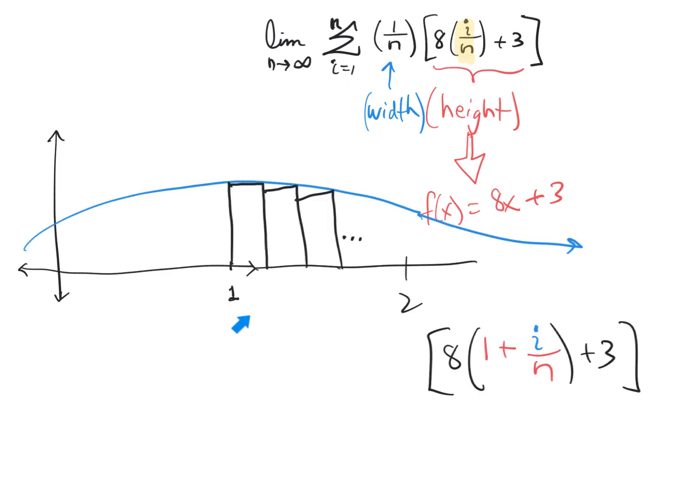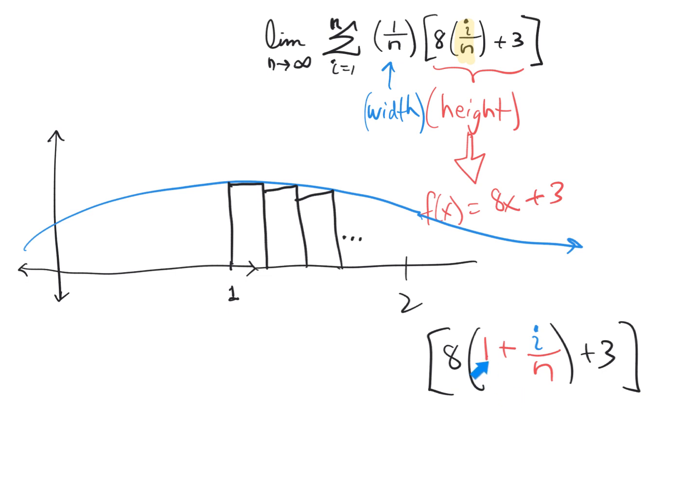I think this will really clarify it. If the width of those x values was 1, but not going from 0 to 1, instead going from 1 to 2, then that first rectangle, when i is 1, would have needed to have an x value to get our height of 1 plus the width. It would have looked like this.